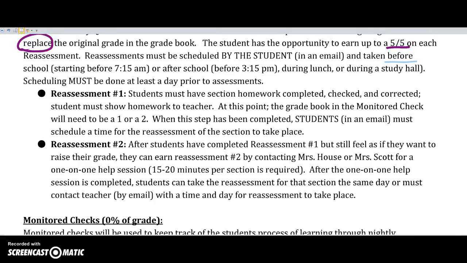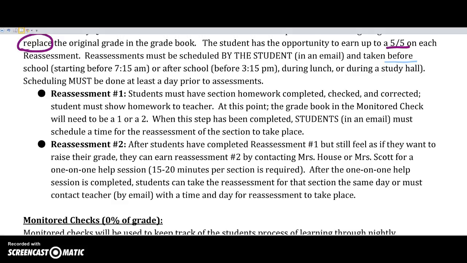So reassessment 1, what do I have to do for reassessment 1? Students must have the section homework completed, checked, and corrected. Students must show homework to the teacher. At this point, the gradebook entry for the monitored checks, which we'll talk about later, will need to be a 1 or a 2, and that's just the coding we'll talk about in a second.